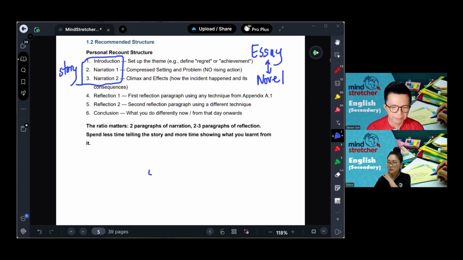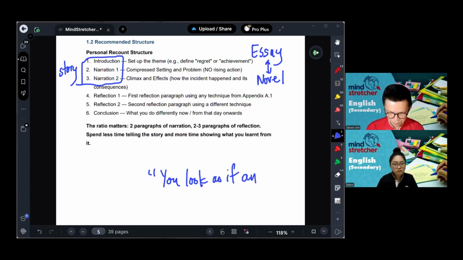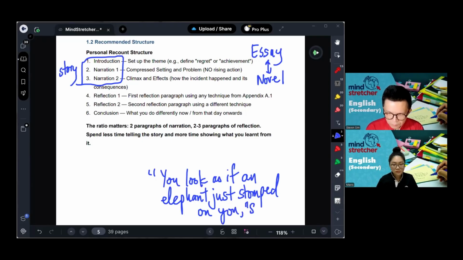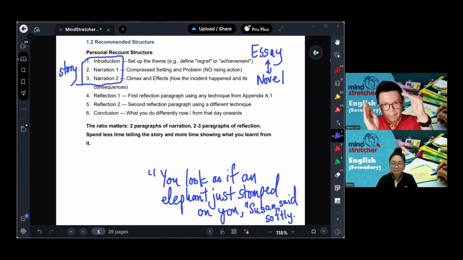So for example, you might just say, Susan said softly, and that's all.